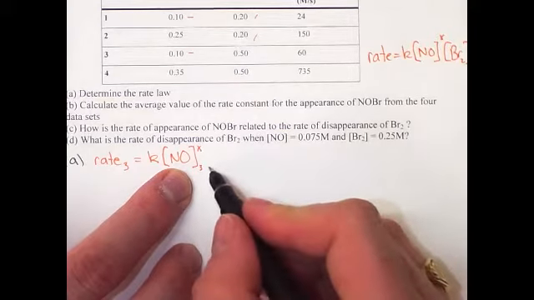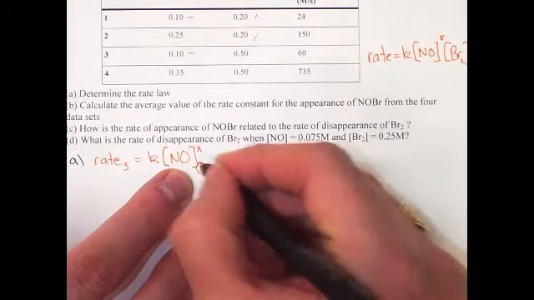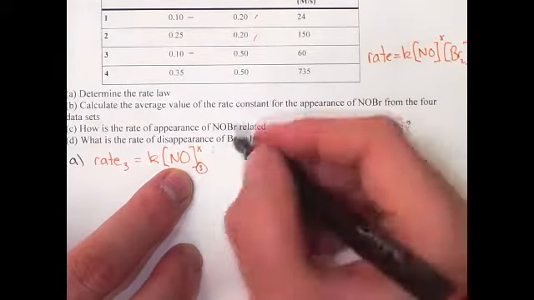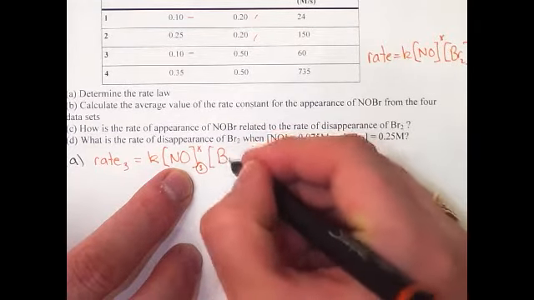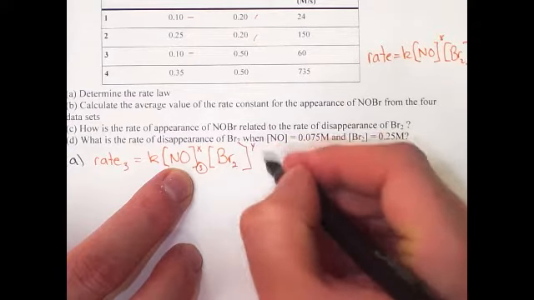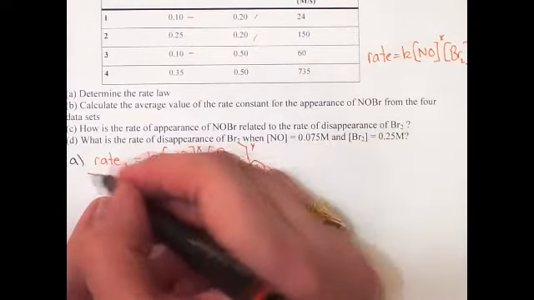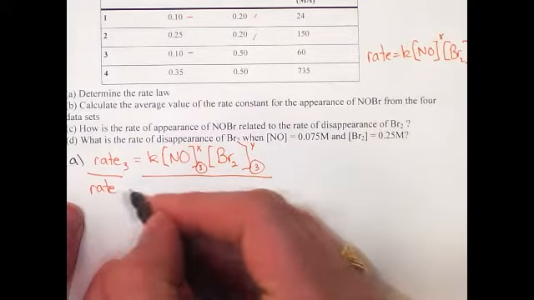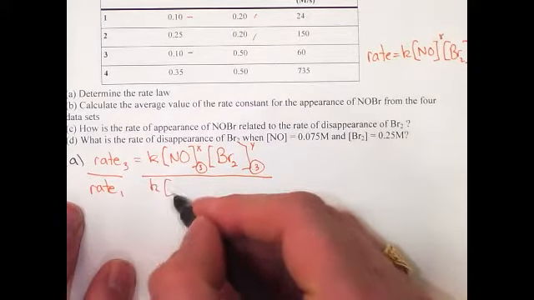So that subscript just is referring to the experiment. We can put it in a circle just so we remember that that's not anything other than that. And bromine, that's also for experiment 3. And we're going to divide this all by the rate for 1.